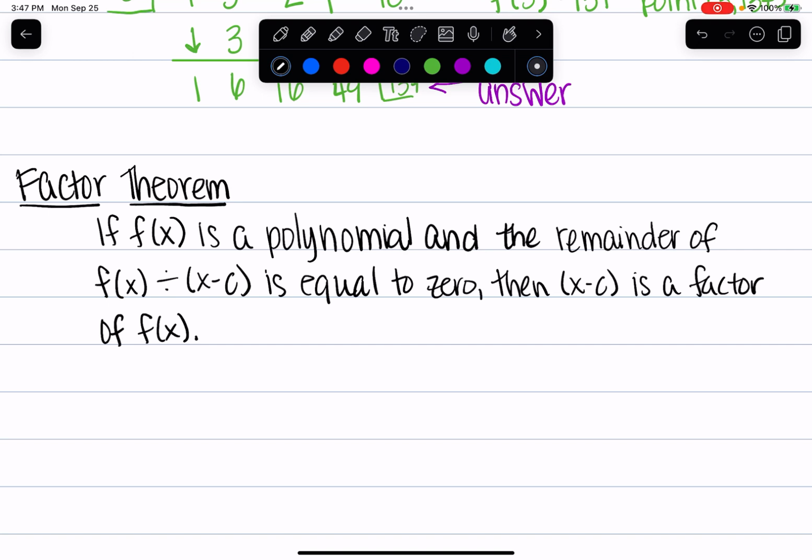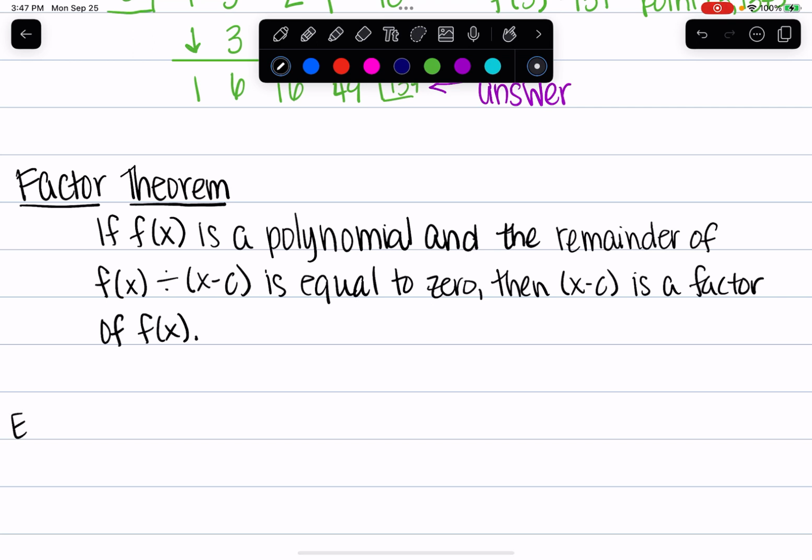So we are leading into determining if it's a factor or not, and then essentially going into how to determine multiple factors from one.